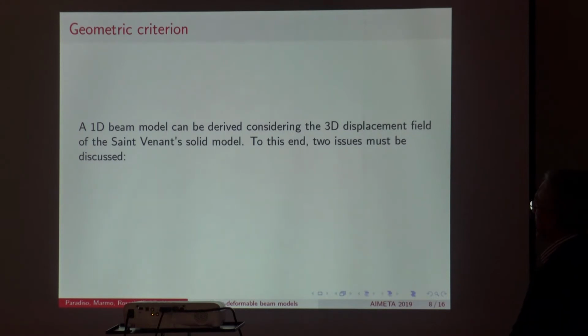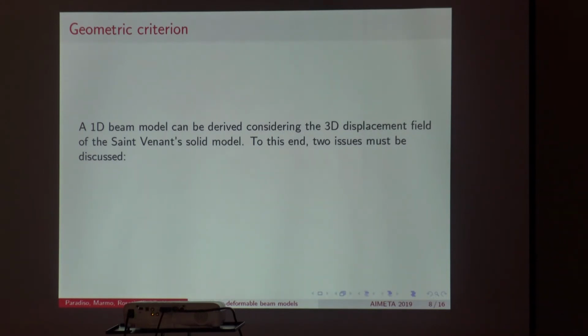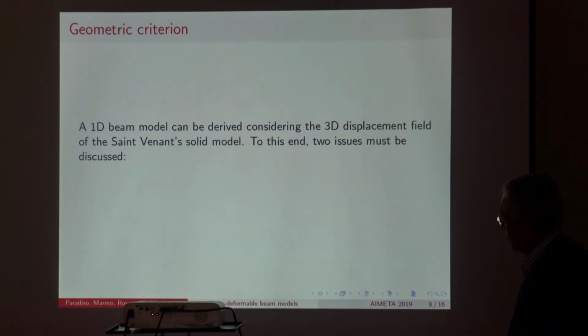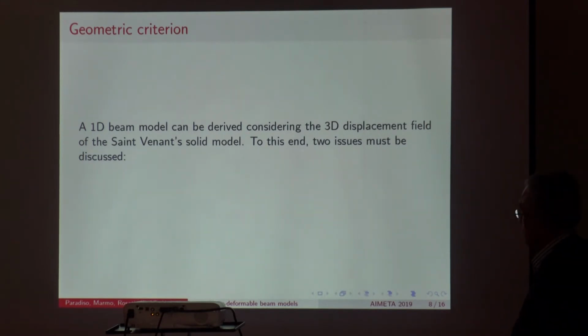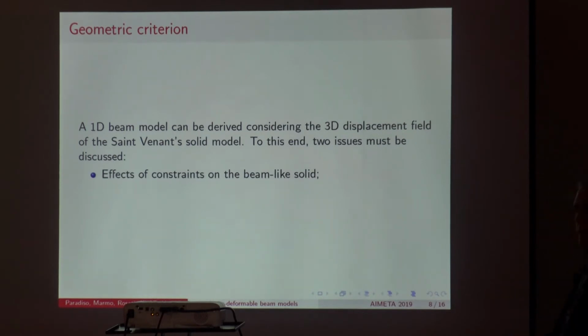Of course, in defining the geometric criterion, we have the main problem of the Saint-Venant model, which is a model, as you well know, with no constraints at the end. So we have to establish in which way we want to establish the equivalence between a one-dimensional model, which is a cantilever, clamped at the beginning, and the Saint-Venant model.